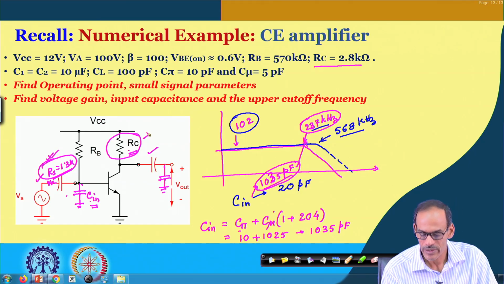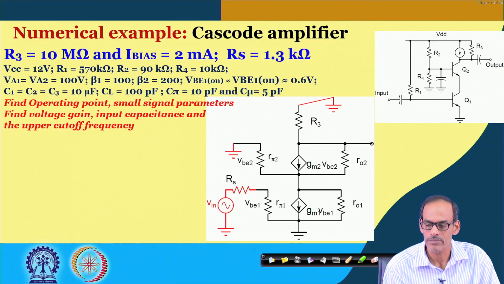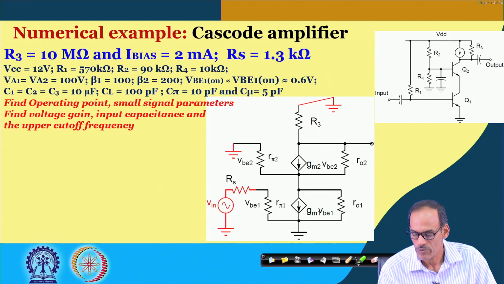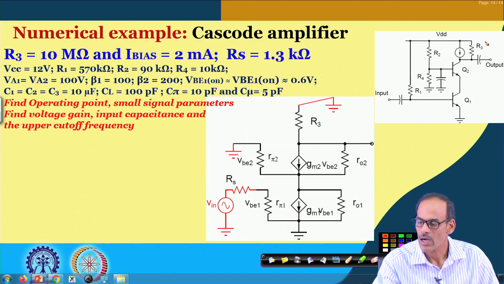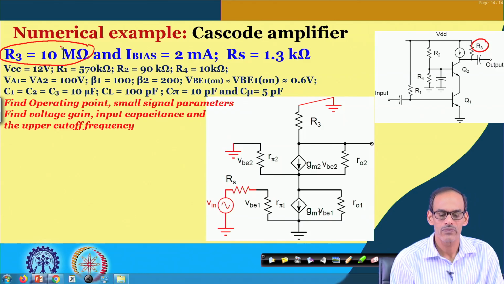To demonstrate that, in the next slide we will take almost the same numerical problem, except for one change. If you see the value of R 3, instead of 2.8 K, now we are going to take a big value, say 10 mega ohm.